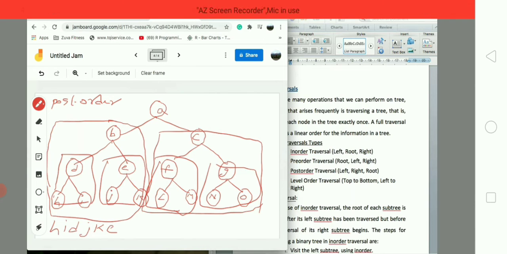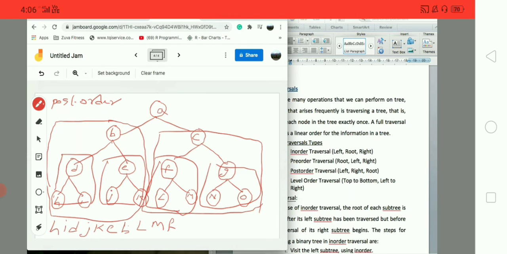Now we have to visit the root node. The root node of these two subtrees is B. So now we finished the left side nodes. Now we have to visit the right side nodes, that means C, F, G. Here F is another subtree and G is another subtree. First we check this: L is on the left side, after that M because it is on the right side, after that F is the root node.